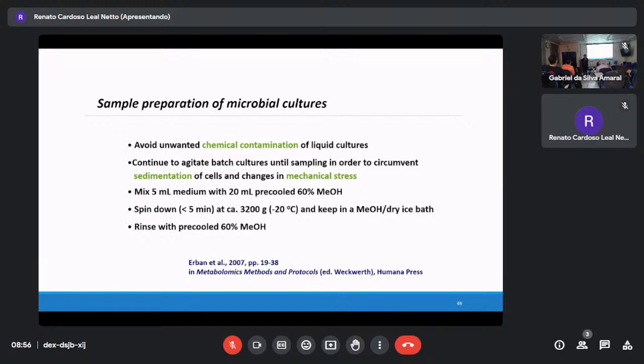Also, as I told you, if your medium is very cold, temperature shock is possible. The same thing applies to spinning out. This is the normal procedure for microbes, but depending on your target compounds, it differs. Keep in mind, the first is contamination, the second is avoiding any kind of stress.